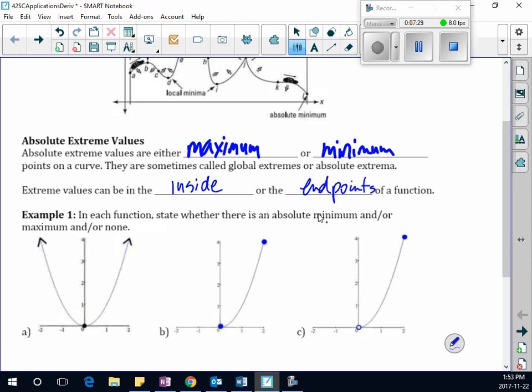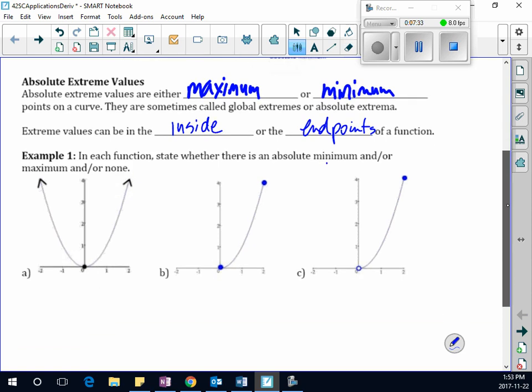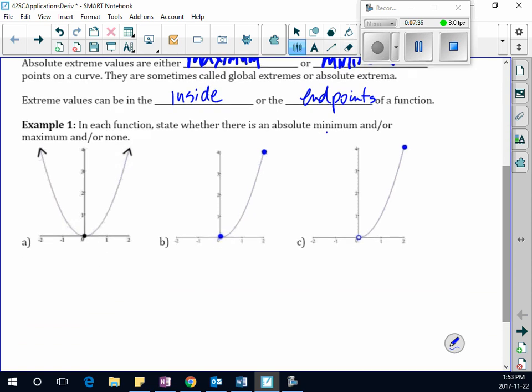Okay, so in example 1, state whether there's an absolute minimum or maximum or none. So for number 1, absolute minimum at x equals 0 and no max. How about this one?